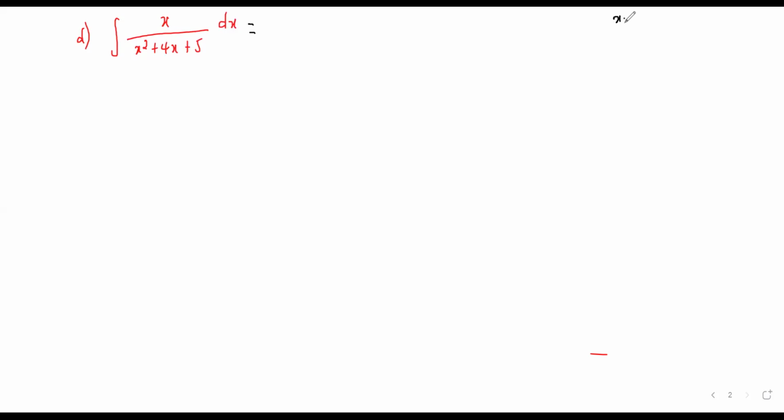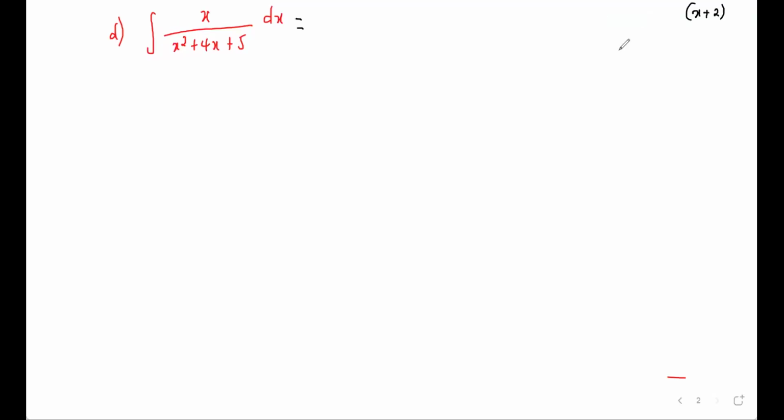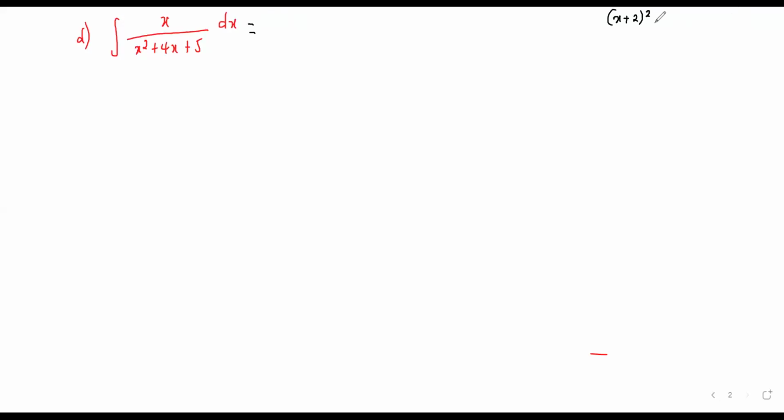It's going to be x plus 2 squared plus 9. When you complete the square down there, I'm going to have x over x plus 2 squared plus 9 dx.